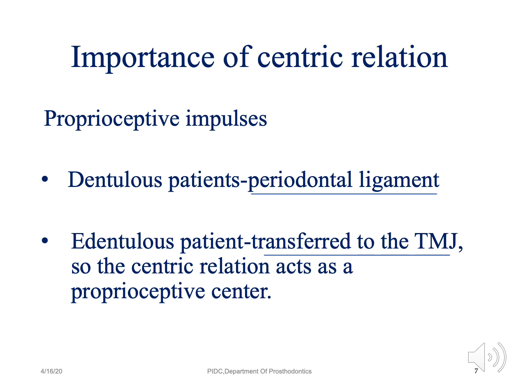But in a patient who is dentulous, centric relation may not be equal to centric occlusion. In an edentulous patient, centric occlusion is always equal to centric relation because you are setting the teeth in the patient's mouth. So the centric relation acts as a proprioceptor.